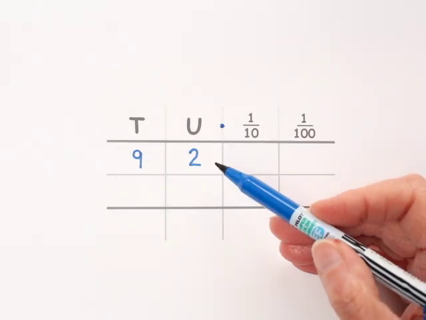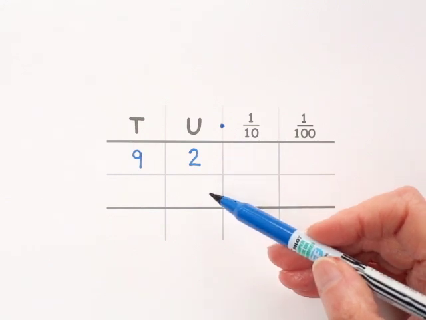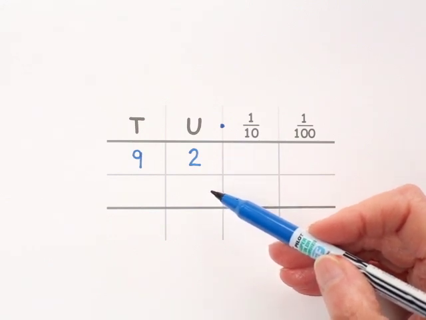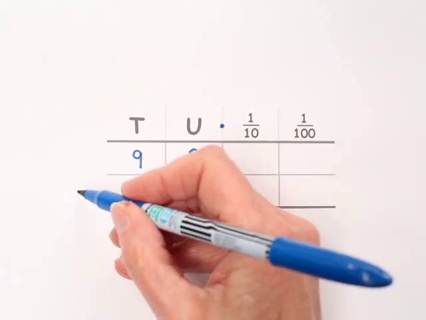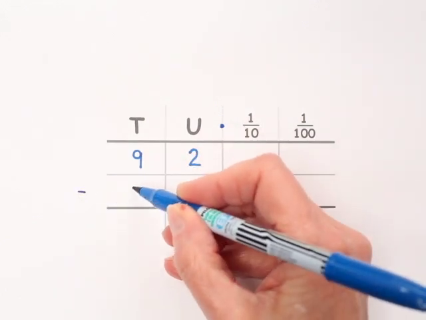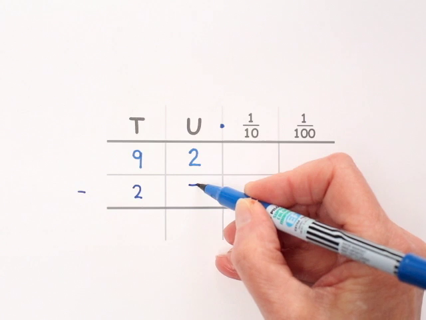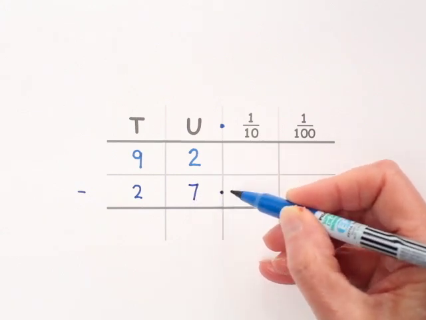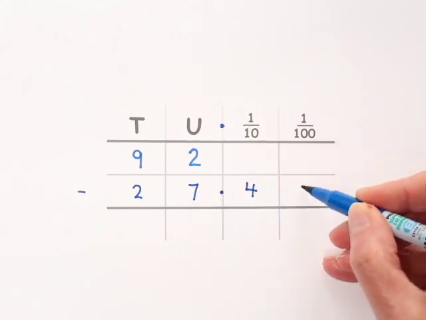Here's an example with 2 places after the decimal point. 92 minus 27.43. Here is 92. Now write the smaller number underneath, lining up the tens and units column as usual. Minus 27.43.